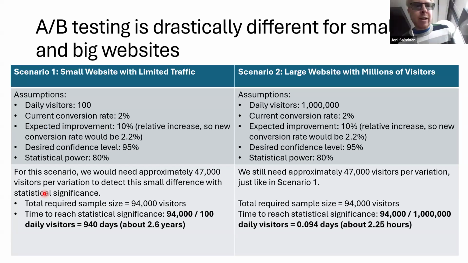So here's just a simple calculation showing what is happening with the small versus large website. If we have these parameters of daily visitors, 100 versus 1 million, and the other variables are the same, then for the small website to generate a statistically significant result, it would take 2.6 years, whereas for the large website, 2.25 hours.